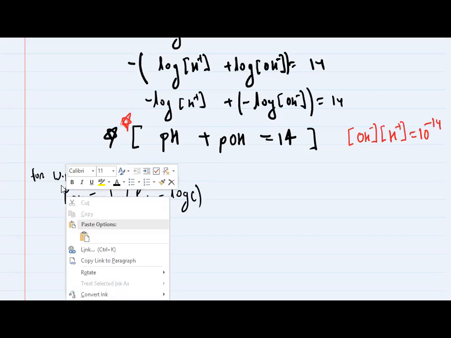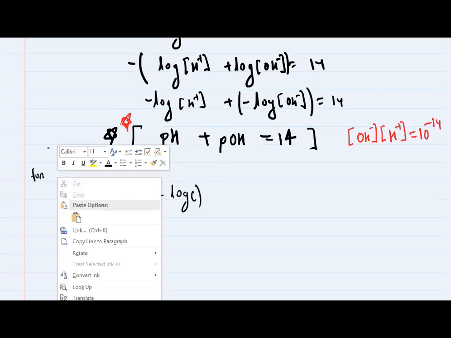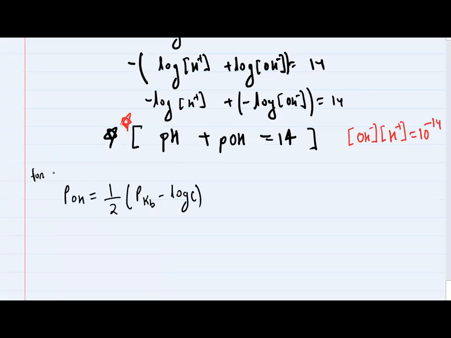My bad. For a weak base, just write weak base.